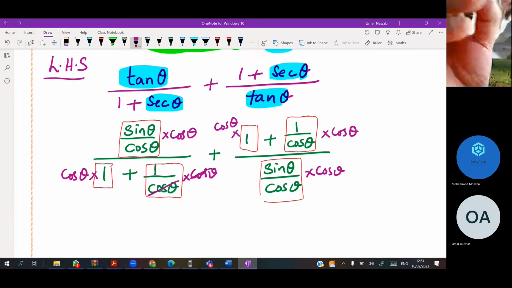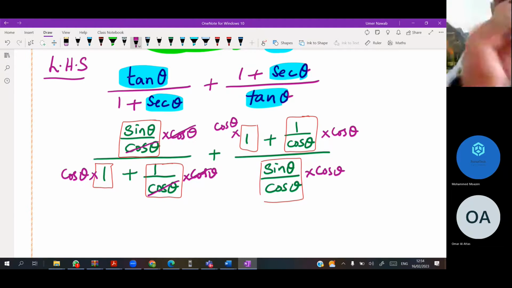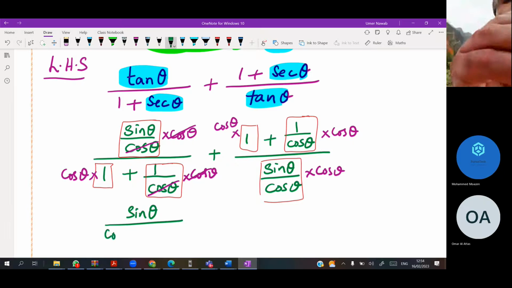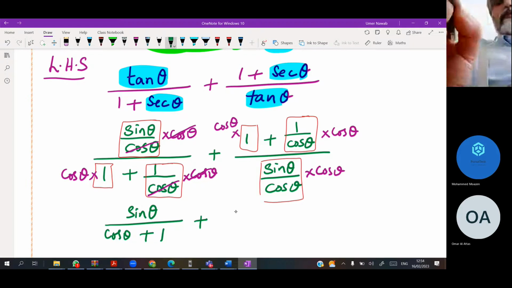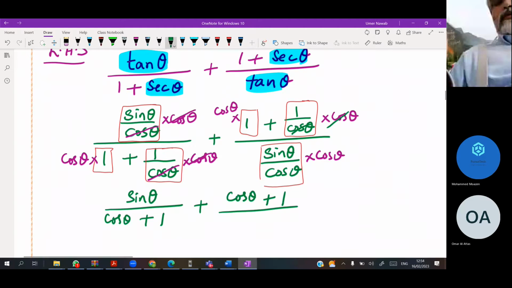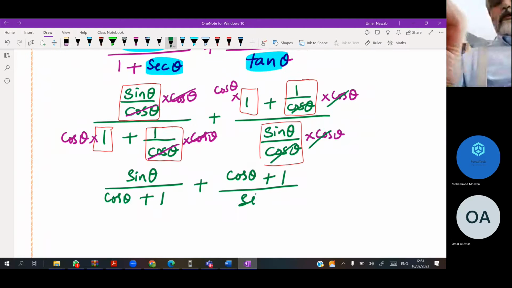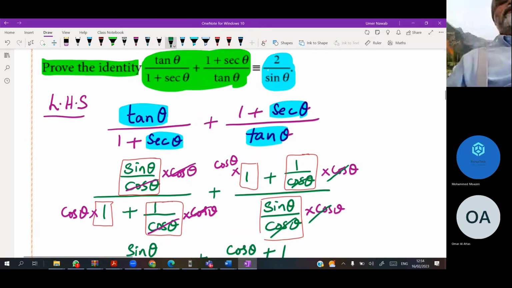Now cancel this cosine with this, cancel cosine with the cosine. I'm going to get sine theta over cosine theta plus 1. And here, cosine theta plus 1 over sine, cosine cancels with cosine, and I get just simply sine.